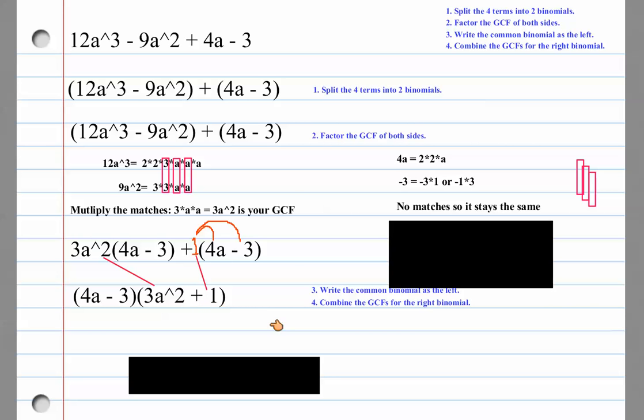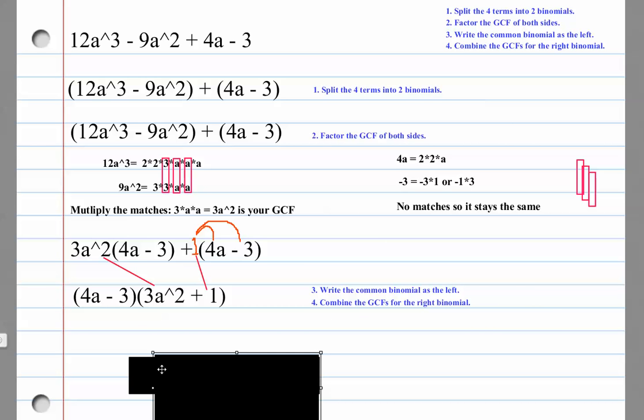Now the way that you can check your answer to make sure you have it correct is just by doing the FOIL method or distribution method. And so we're going to multiply every number by each other. So the first number is going to multiply into this one and into this one, and the second number is going to multiply into this and also multiply into this.